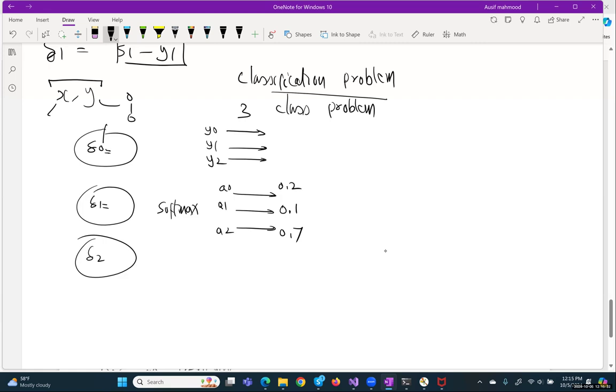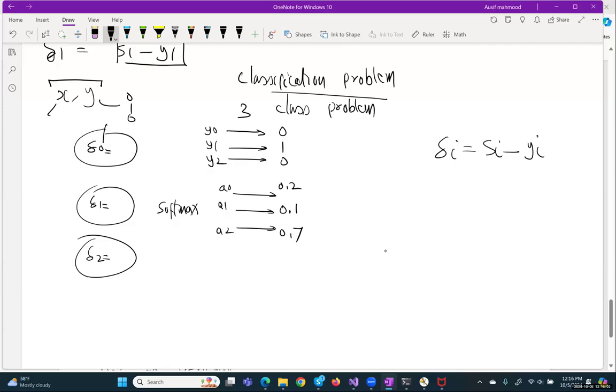Based on our derivations, the target, like I said, is 0, 1, 0. So what is delta 0? What did we come up with delta i equal to? Si minus yi, correct?